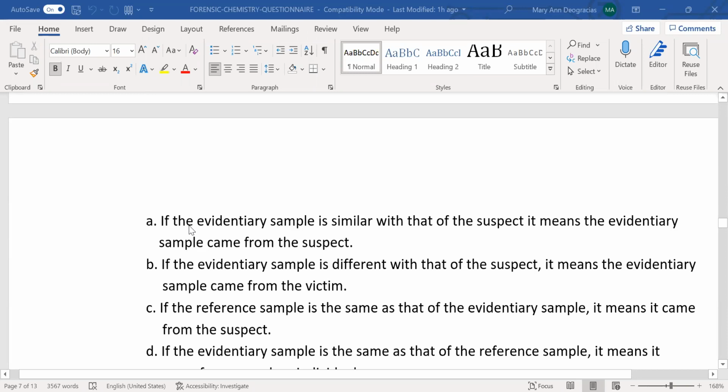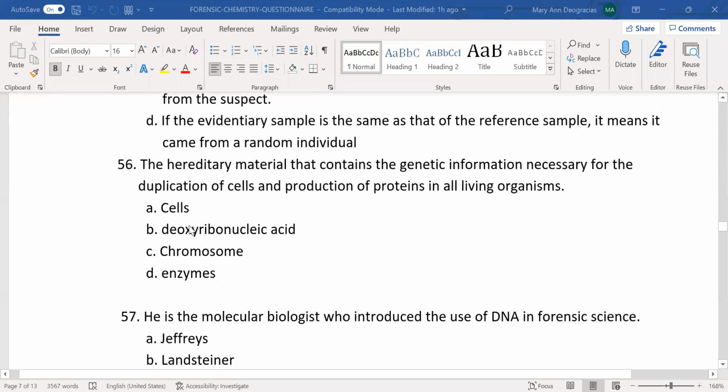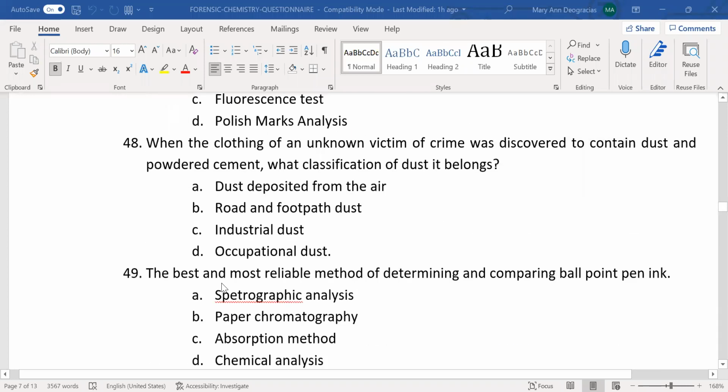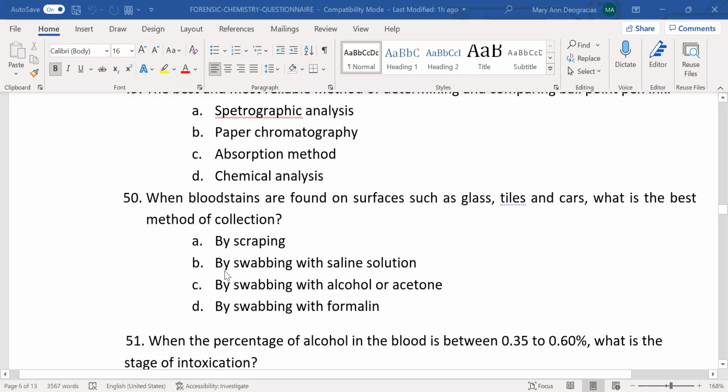Letter A ang sagot dito. Letter A ang sagot yan. Okay na? 57, si Jeffries na ulit. So, Landsteiner is blood grouping to, ha? Oh, may kaala. 50. Let's go to 50. Letter B, Bravo. Okay.